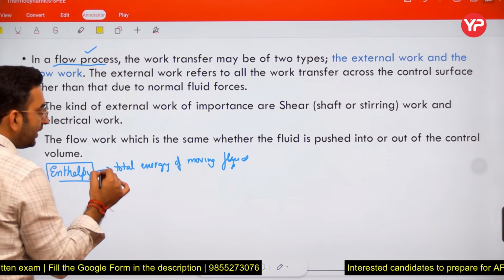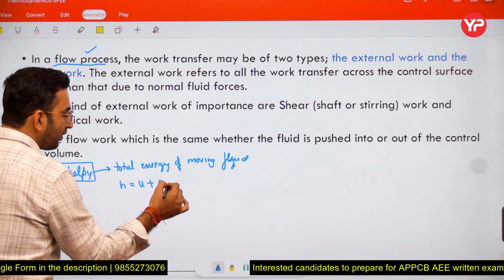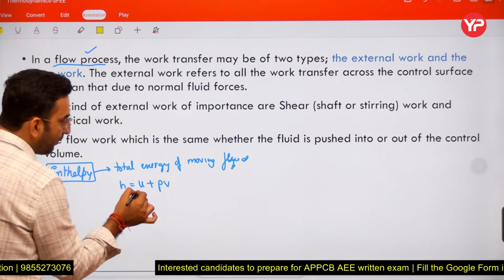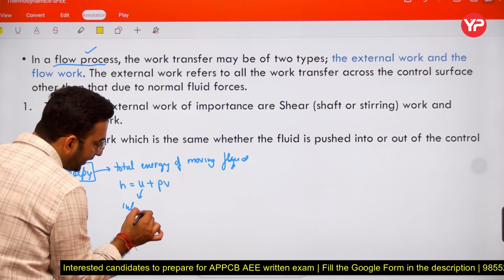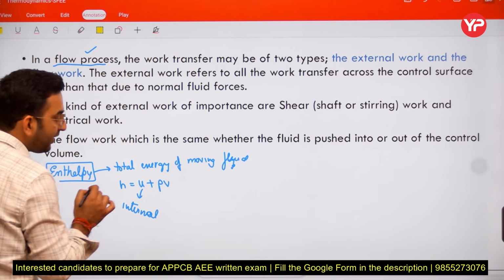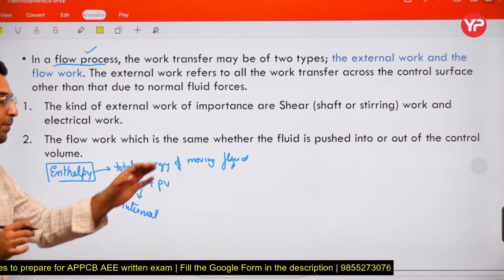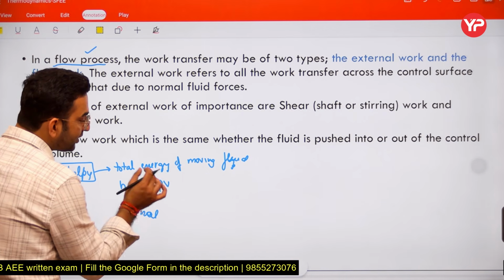Here the enthalpy is written as the sum of internal energy and the flow work. That PV is known as the flow work. So just see what I have told you: enthalpy represents the total energy of a moving fluid due to the fundamental properties. Okay, so here you can see it is a summation of internal energy and the flow work.